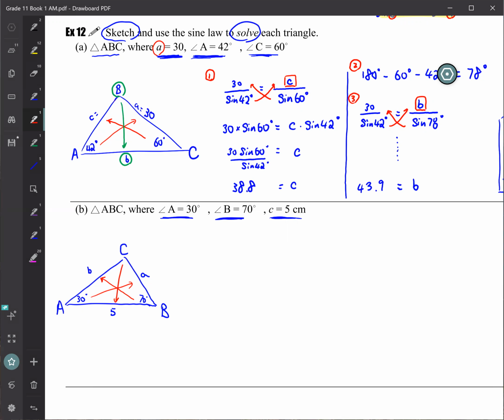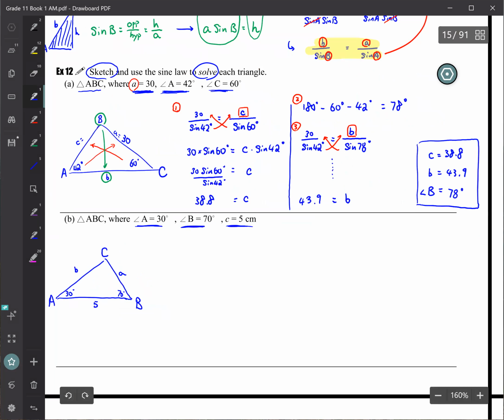You can find it by subtracting 70 and 30 from 180. So you can find which part first? Angle C. Okay, so we find angle C first. Before we start, let's list out all the missing parts: we're missing angle C, side A, side B.